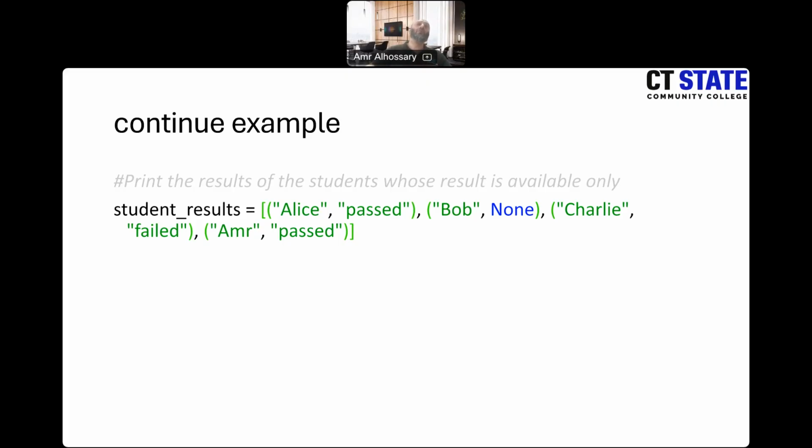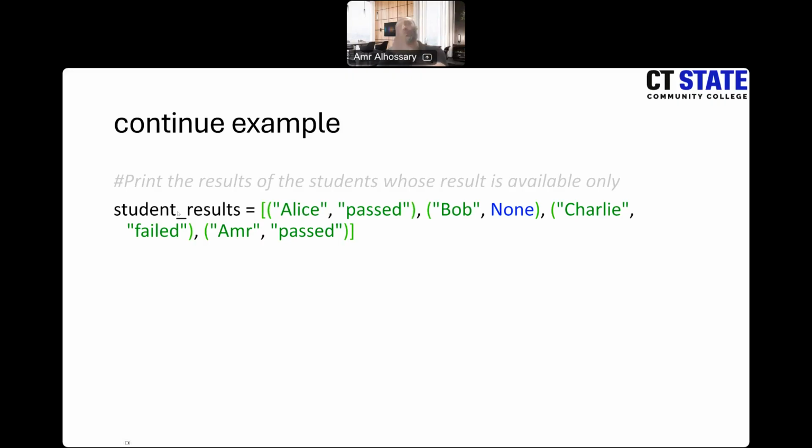So the marks are not available, indicated by None. We have a list of tuples. Every tuple contains two items, a name and the grade. The grade can be passed, failed, or None.